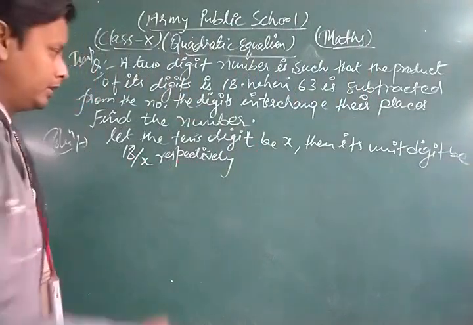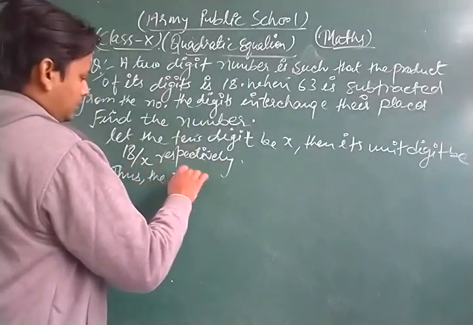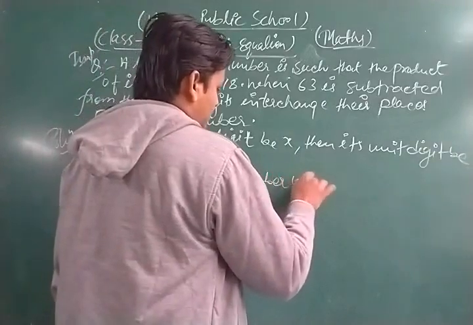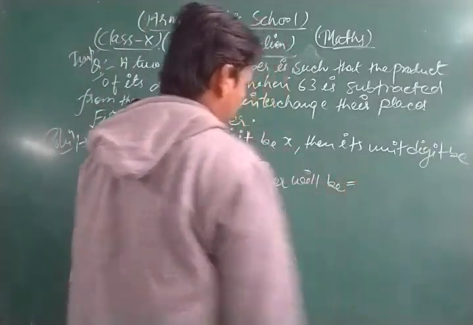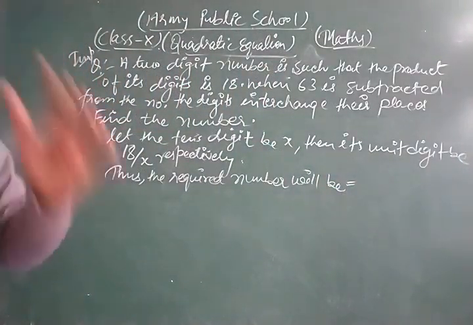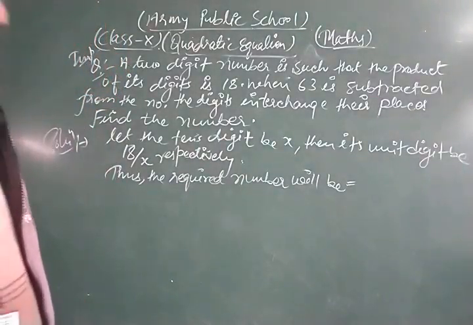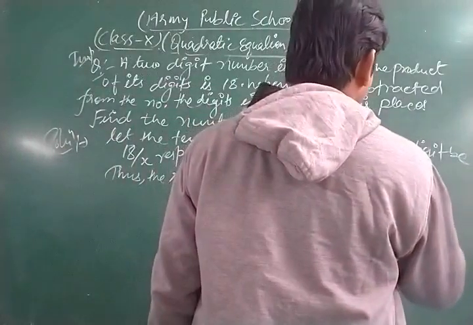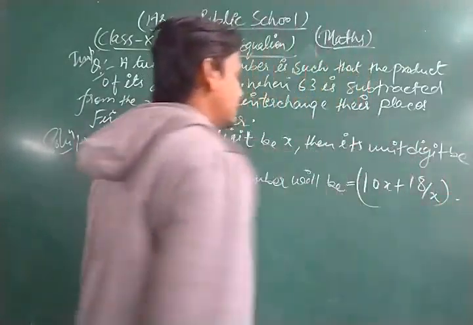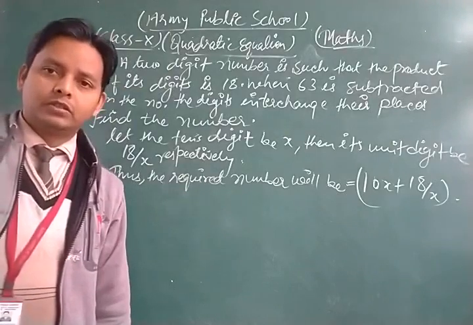Thus the required number will be 10x plus the unit digit, so 10x plus 18 upon x. This is the required number according to the concept of questions based on two-digit numbers.